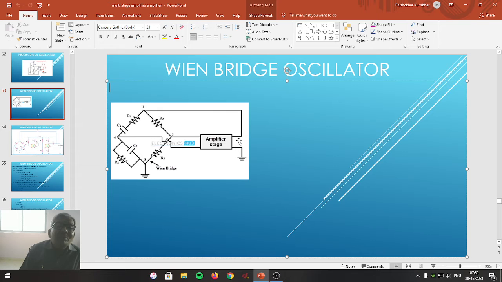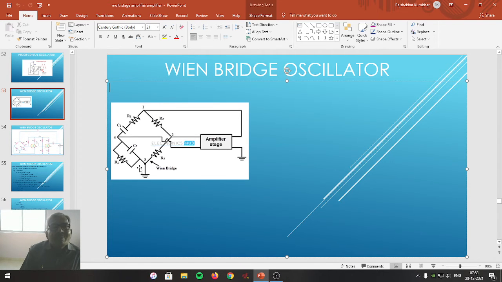The amplifier amplifies that voltage and gives it as feedback to the bridge. From the bridge, the feedback voltage is obtained and it is given again back to the amplifier. This process goes on continuously in a Wien bridge.